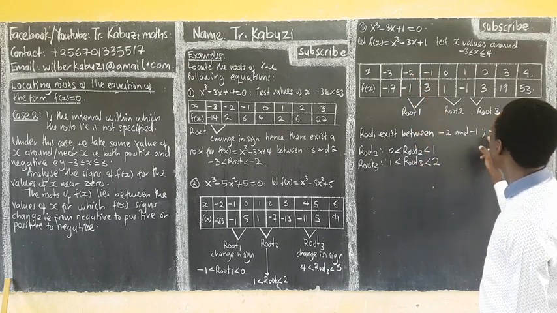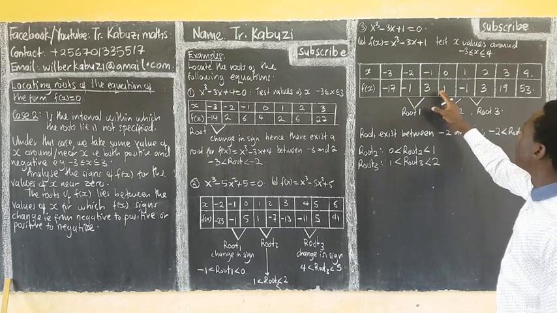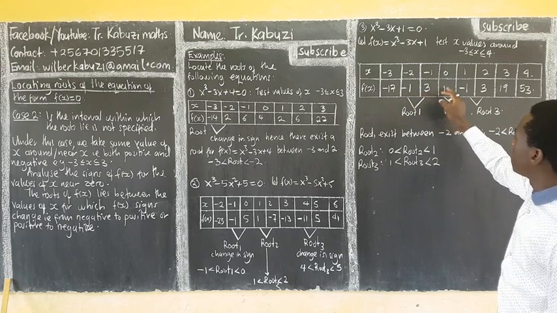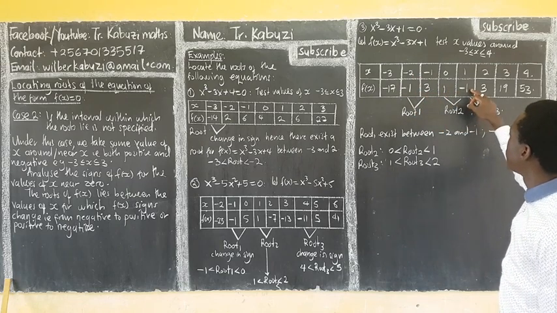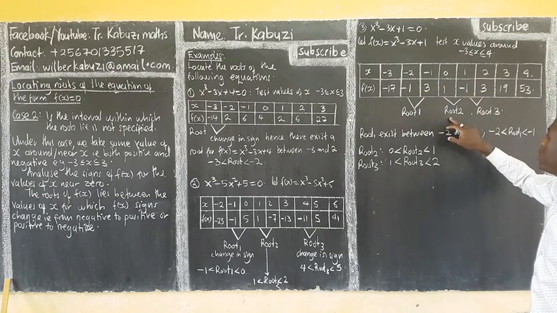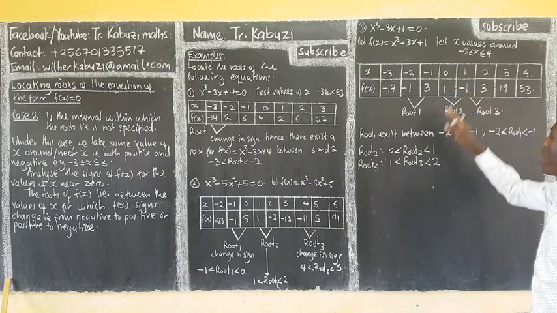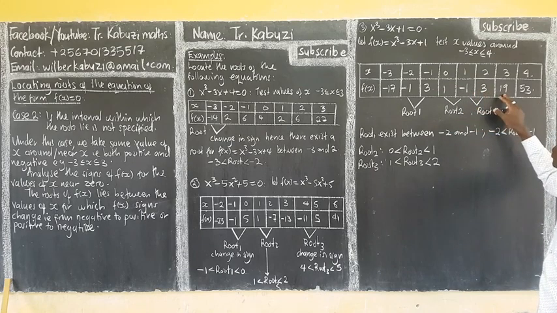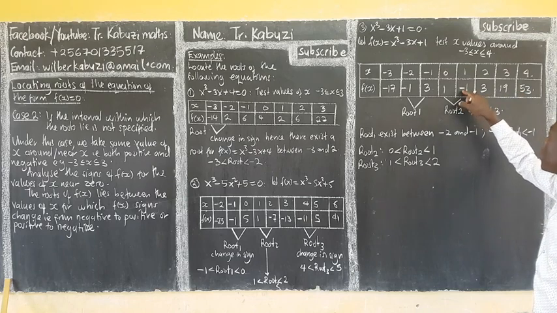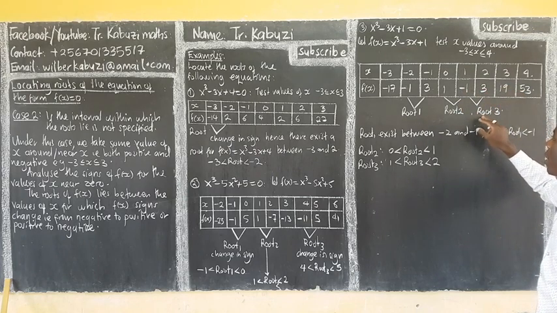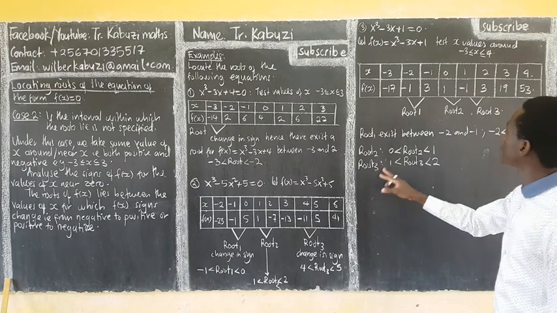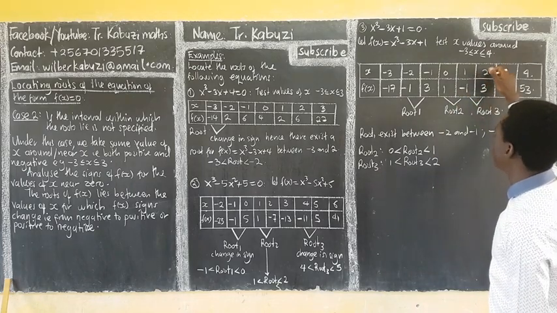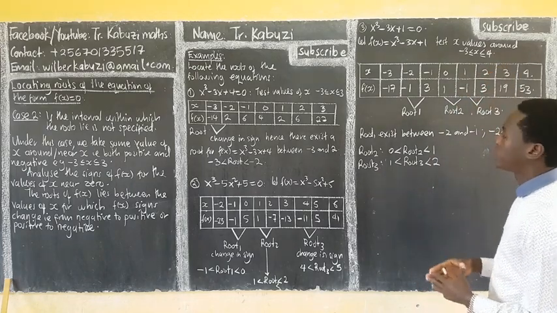From here, positive, no change. Positive, negative, there is a change. It means that root 2 is going to be between 0 and 1. Then from this to this, no change, no change. But from here up to here, it is a change from negative 1 to 3, so there is going to be a root. So root 3 is going to be between 1 and 2.